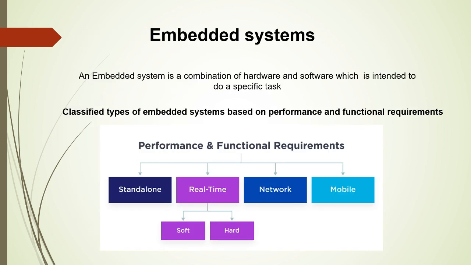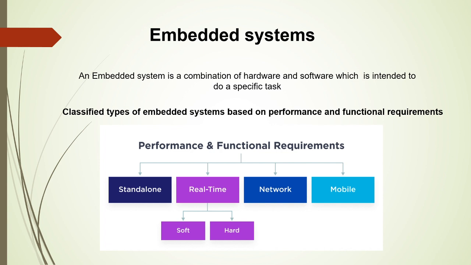And let's get into embedded systems. The definition of an embedded system is a combination of hardware and software which is intended to do a specific task. An embedded system is a computer system designed to perform a specific task within a larger device.